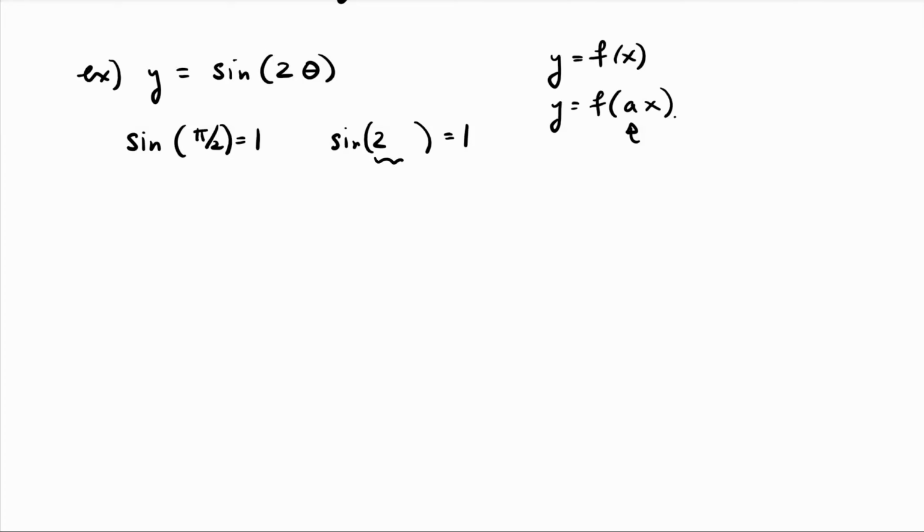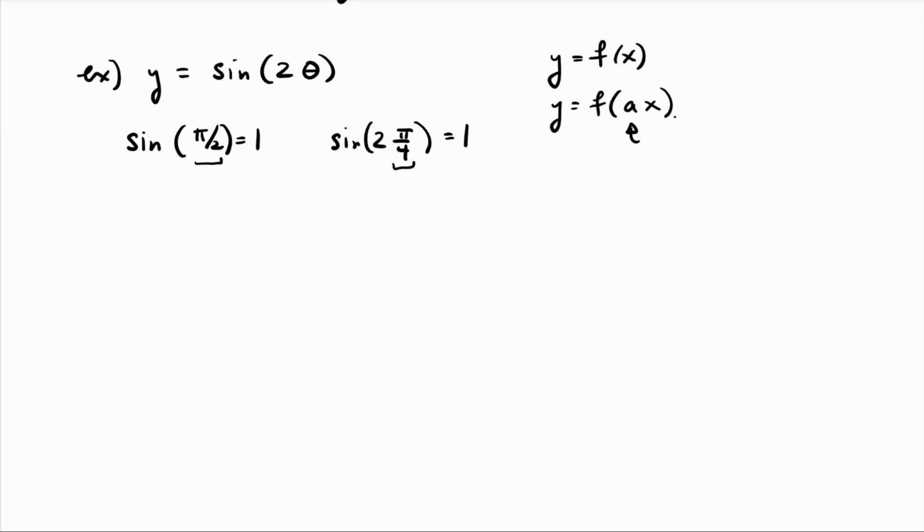So that this corresponds to pi over 2 again. What would theta have to be? Well, in this case, it would have to be pi over 4, because 2 times pi over 4 is pi over 2. So we see that where we used to have a value of 1 at pi over 2, now the same value for y occurs at pi over 4.